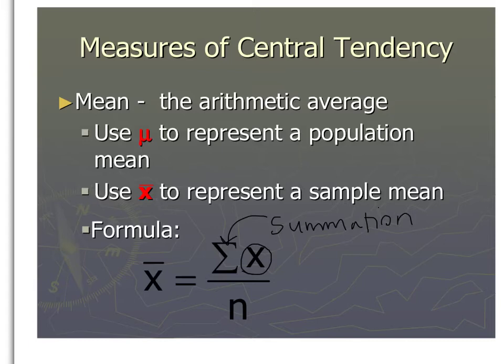So if my data set is 1, 2, and 3, I would add 1, 2, and 3, and then divide by 3 because there are 3 numbers in that data set. So you need to be familiar with what this formula looks like.